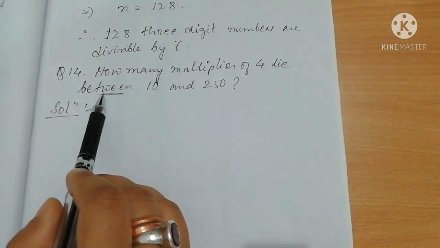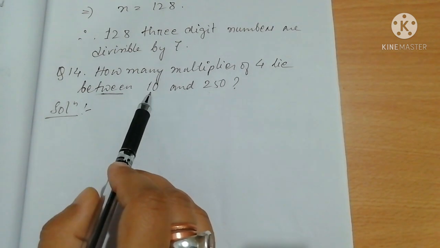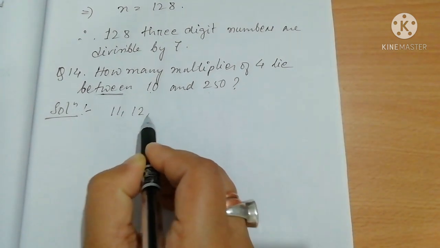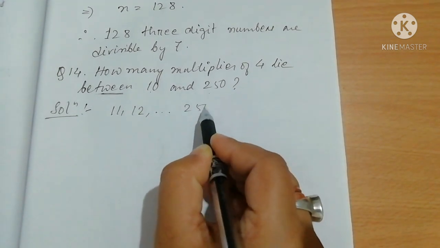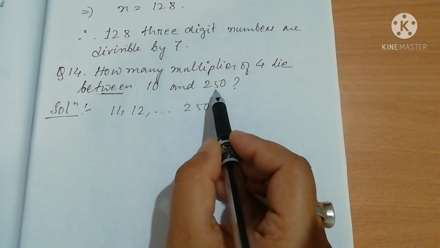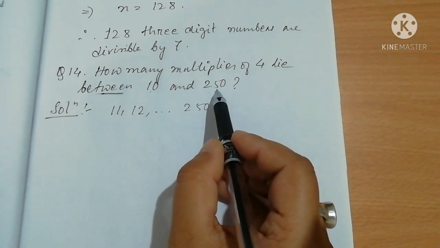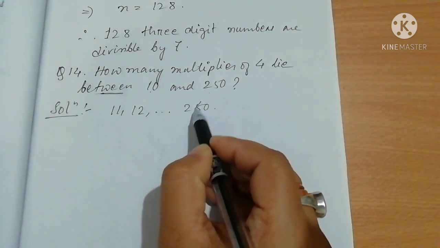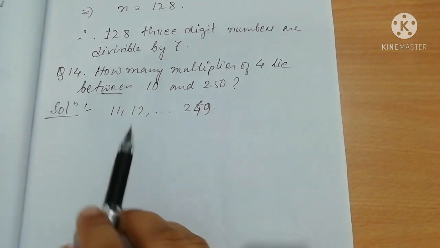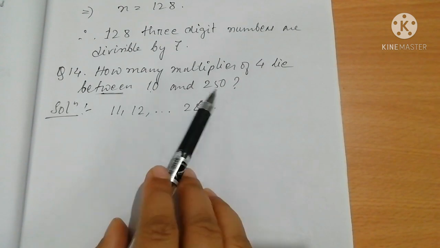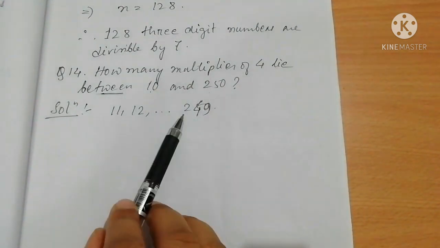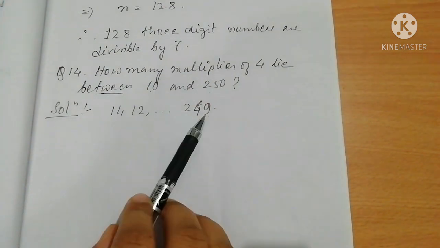If it is said between, so the numbers will start from 11, 12. And the last number 250 will not be included. So it will become 249. So 10 and 250 will not be included. So the numbers will be from 11 to 249.